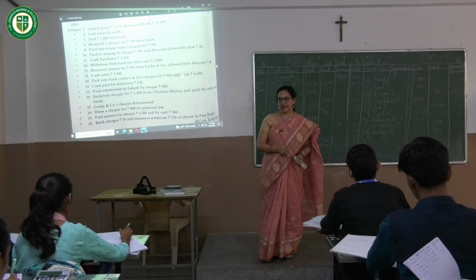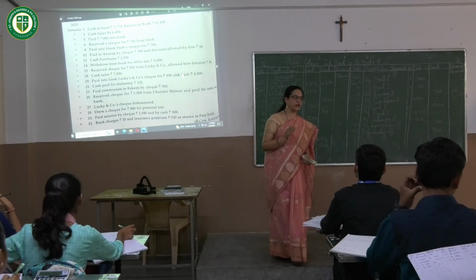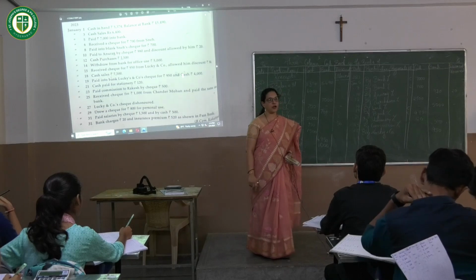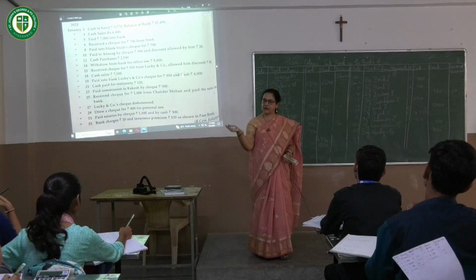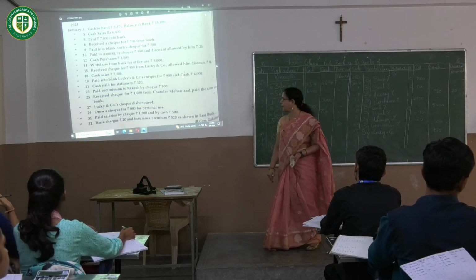The check that they gave got bounced, got dishonored. So once again they become your debtors and the amount is still due for 950. So we are bringing back that debit again and we are debiting Lucky's account once again.